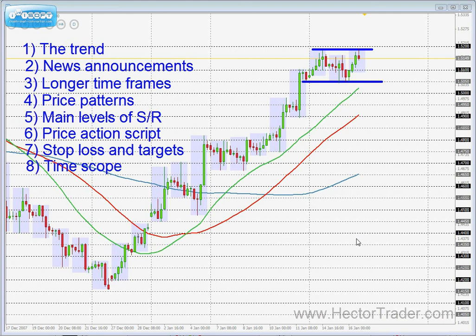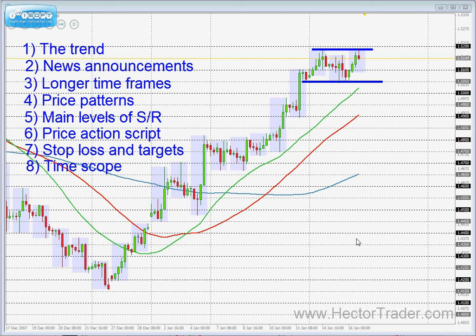If you've timed your entry properly, 2 hours should be more than enough as a time scope for a scalping trade. More than that, I would be considering, like I say, reassessing the situation.